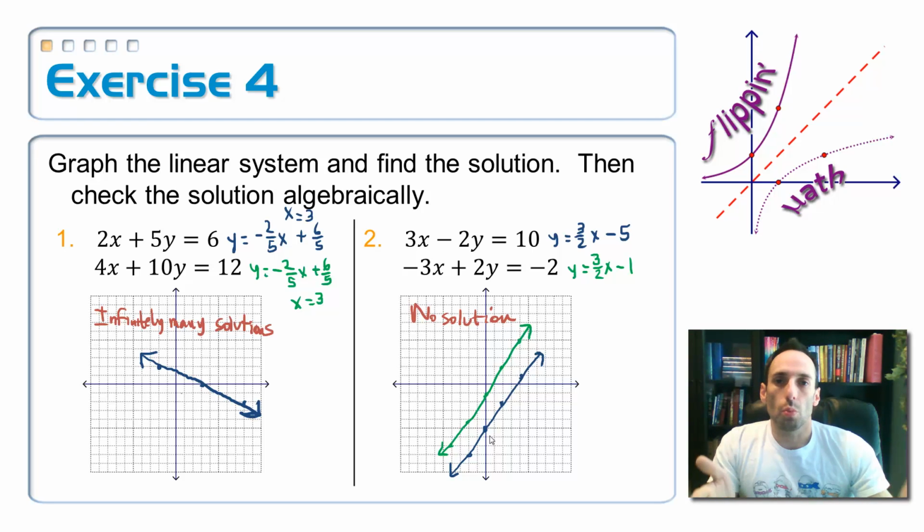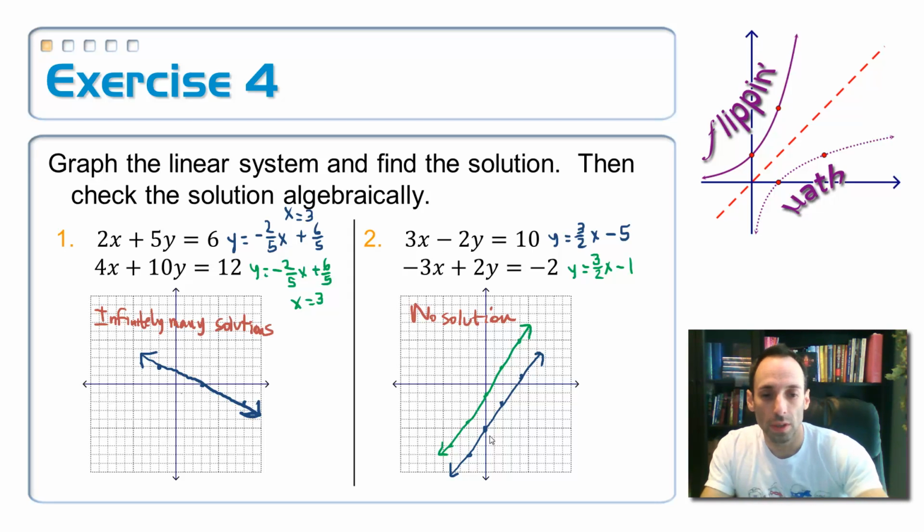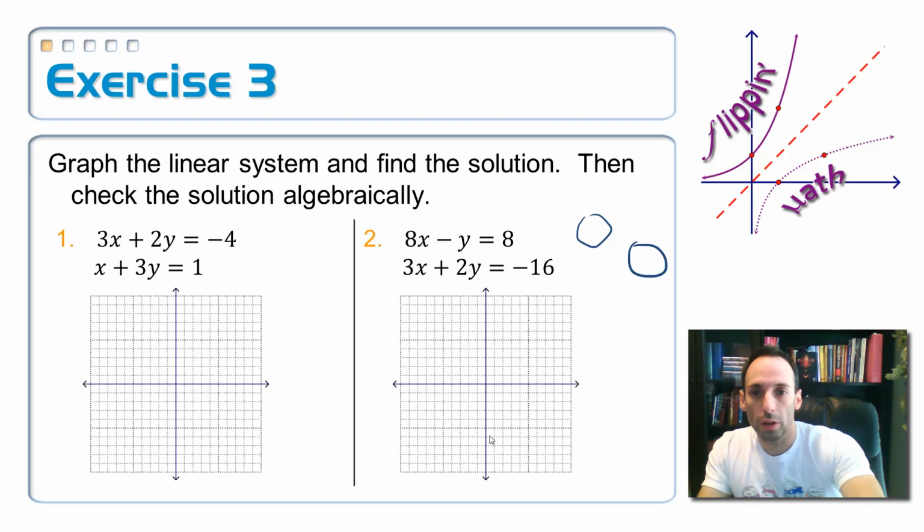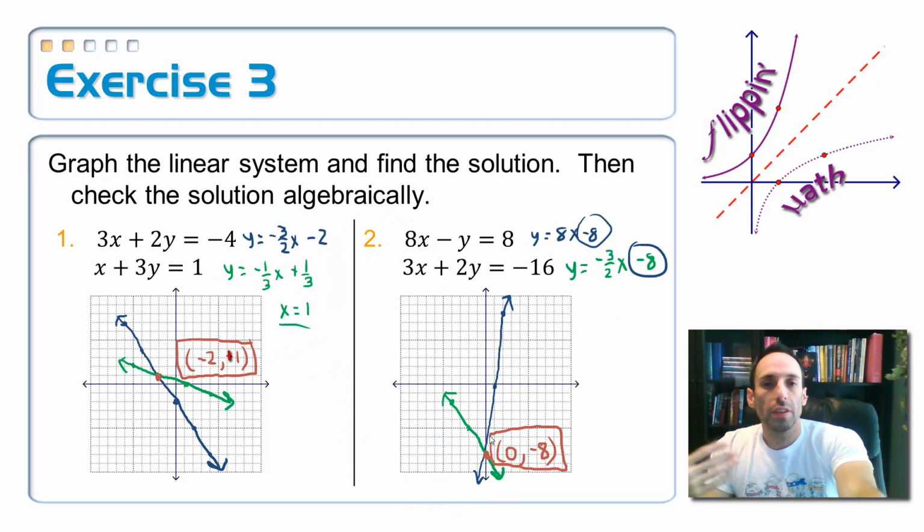So here's what I should expect to happen whenever I'm solving a system of equations, by graphing or by any method. The first one is what we did right over here, and that is nothing strange happens. I graph the lines, I find one point of intersection, and that's my solution.